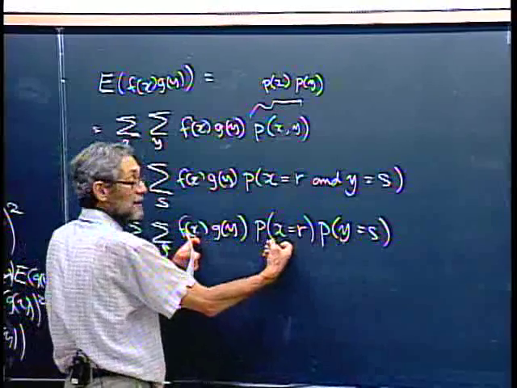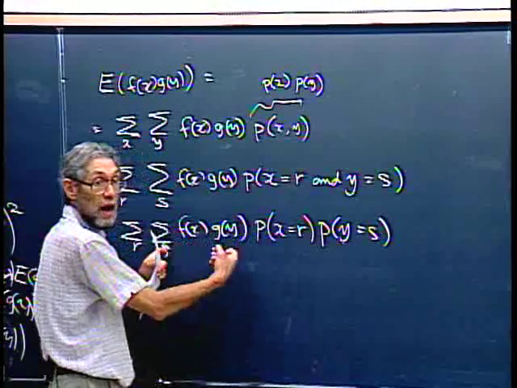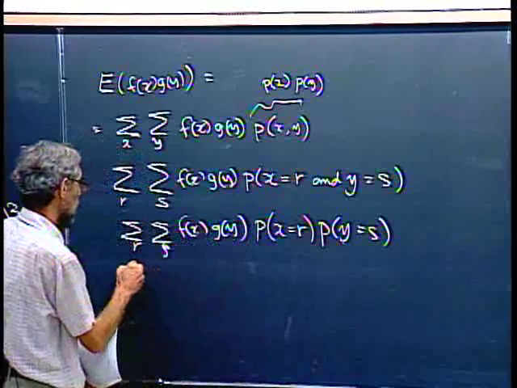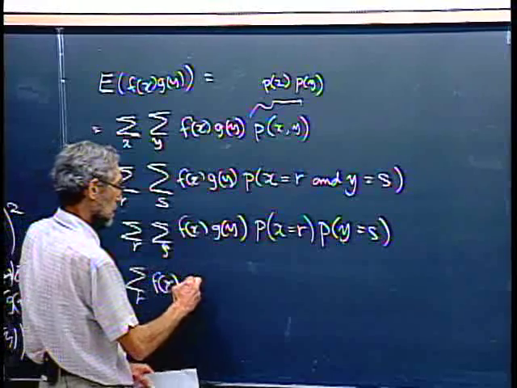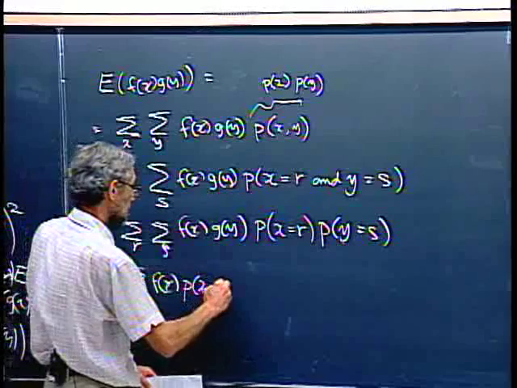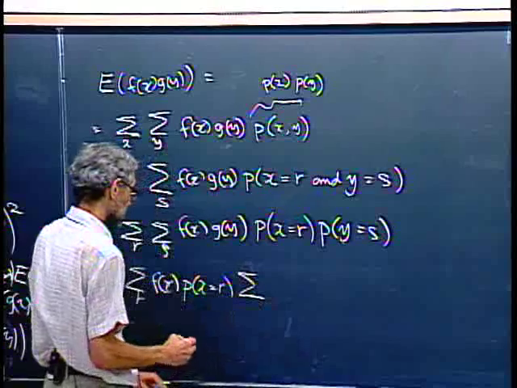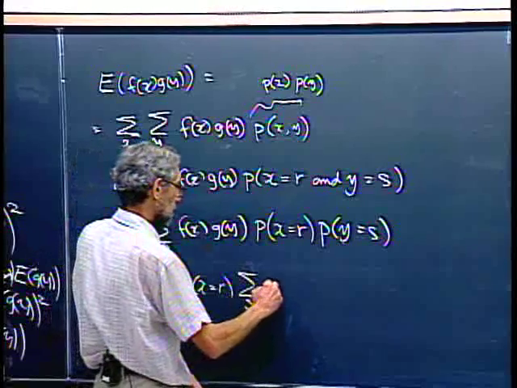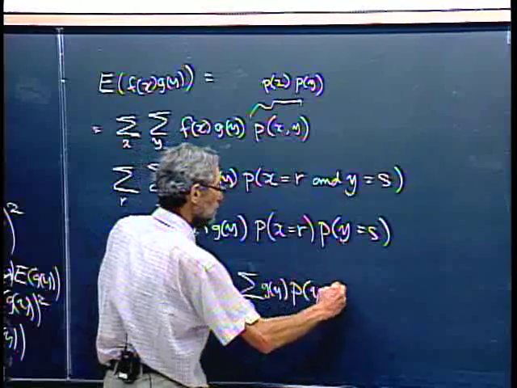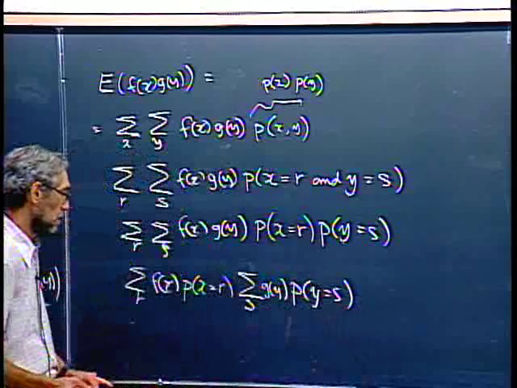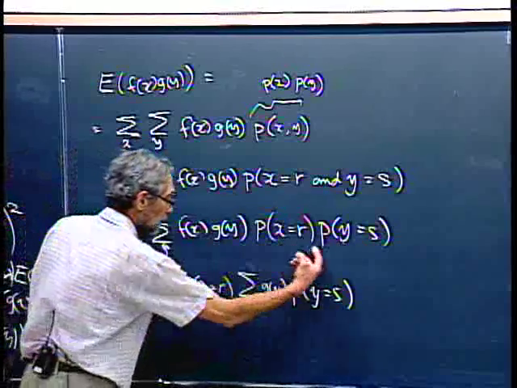So these things are constants, multiplying all the terms in this inner sum, and we can take them out of the inner sum and write it as the sum over R of f of x, the probability x equals R, times the sum over S of g of y times the probability that y equals S. Right, so this is a big sum of a constant times a bunch of terms.